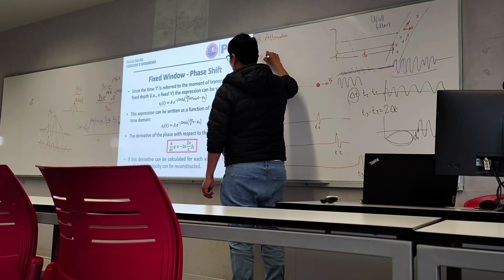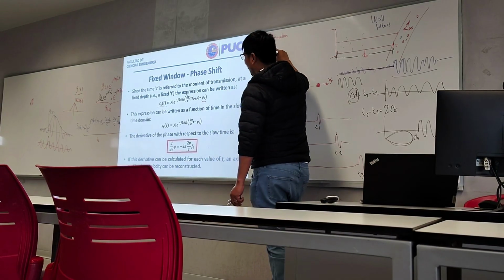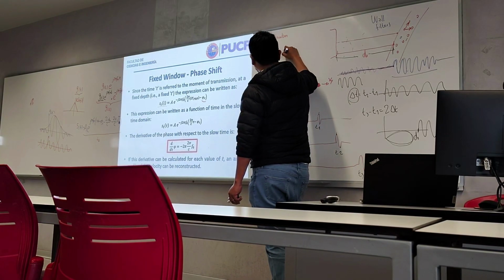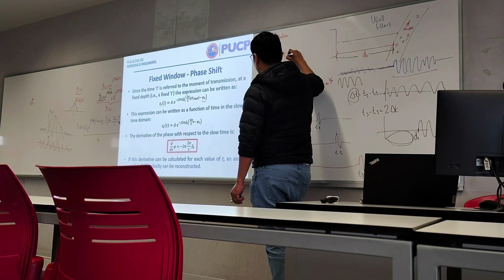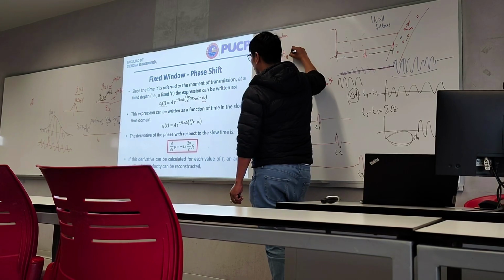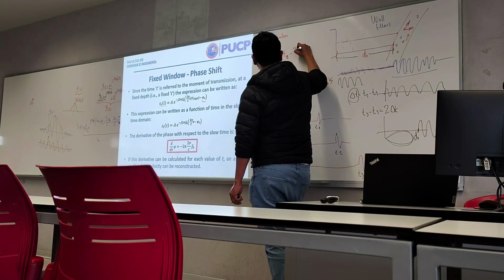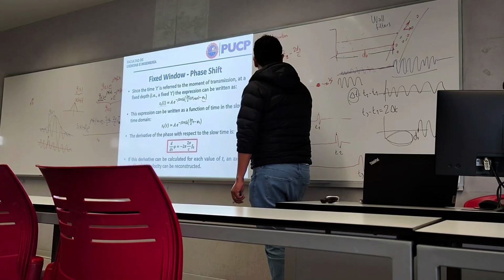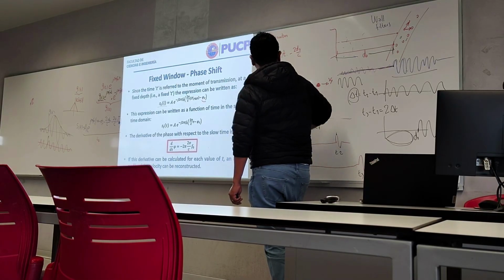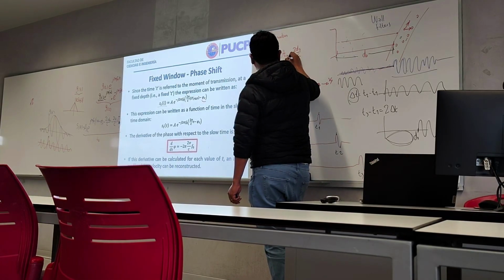Phi c could be alpha minus 1, sometime t sub 0, or t sub 1, minus 2d0 over c. This is replacing a variable.